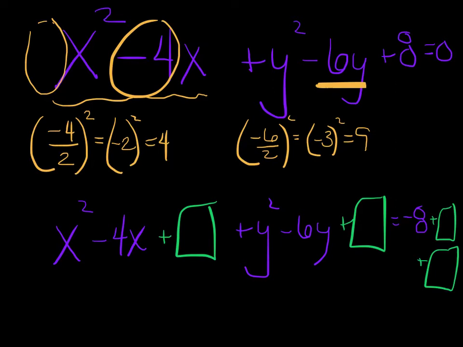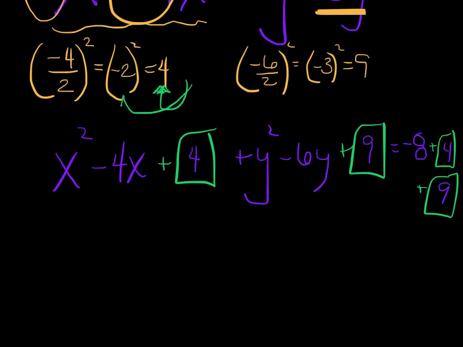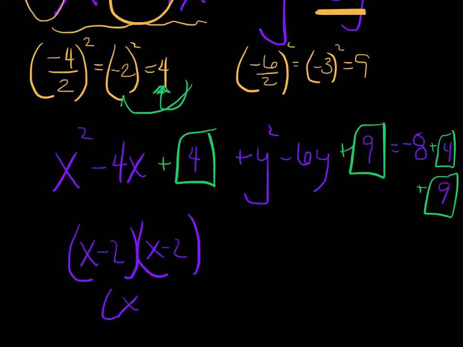Now, you'll remember when we complete the square, it's always the number that you got here. So I'm going to say plus 4. And here I'm adding 9, and I'm adding 9 to this side. Alright, so as I go through, I'm just going to rewrite this as 2 terms squared. And this is really the quantity x minus 2 times x minus 2, so that's your x minus 2 squared.